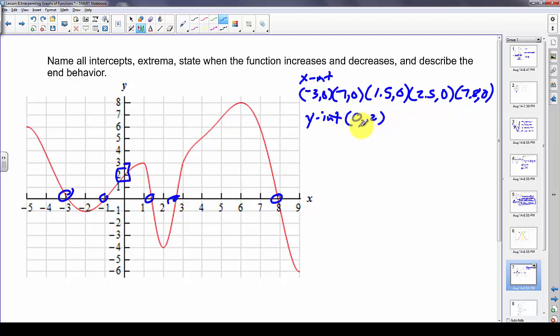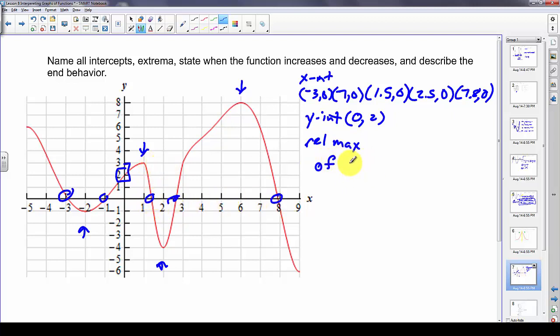Step 1. We have extrema. Where are my extrema? This appears to be a momentary high. This appears to be a momentary low. This appears to be a momentary high, and this appears to be a momentary low. Now let's discuss what those are, maximum and minimum values. We say we have a relative max of, let's look for our y values.